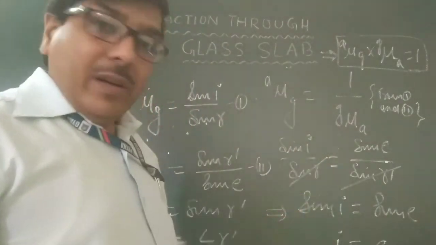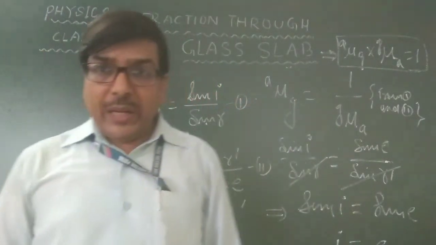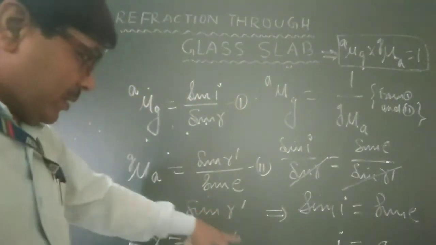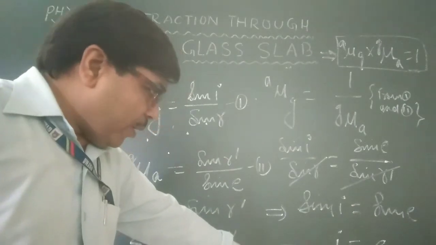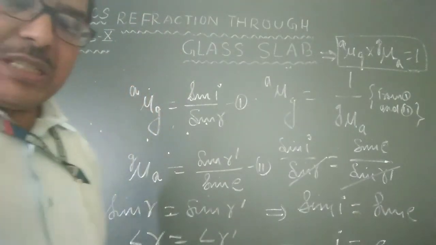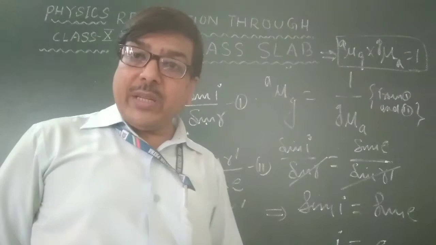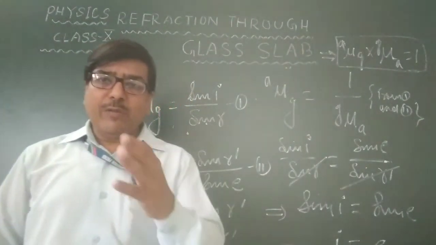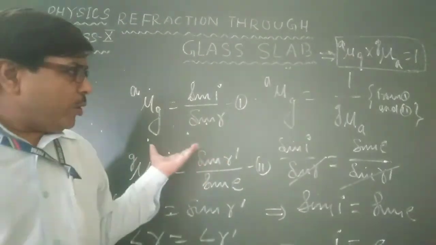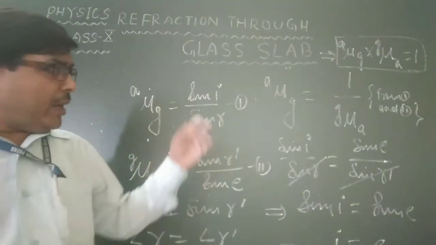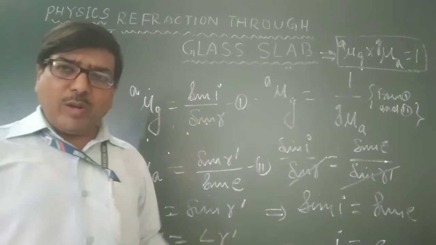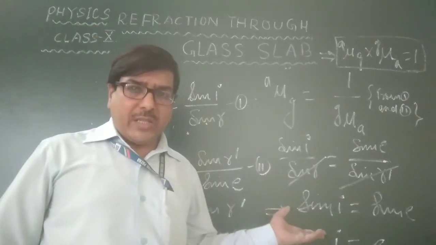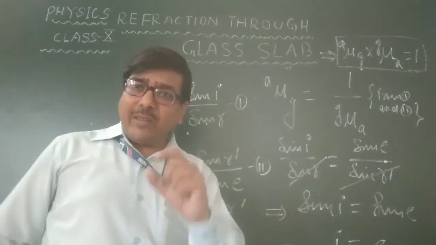Okay, understand? Please observe that the angle of incidence is equal to the angle of emergence if a light ray passes through a glass slab. So what happens in a glass slab?